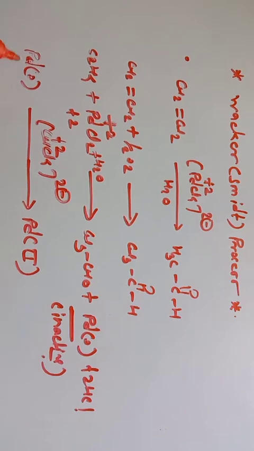When this Pd0 is converted into Pd2+, then what happens? The Cu2+ is converted into Cu+. So the oxidation of Pd0 to Pd2+ is carried out with the help of this Cu2+, and this Cu2+, when there is an oxidation of Pd0 to Pd2+, gets reduced to Cu+.